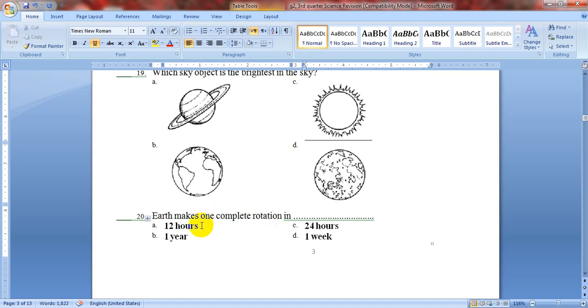Does it take 12 hours, 1 year, 24 hours, or 1 week? Yes, it takes 24 hours or 1 day. The rotation of Earth takes 24 hours, and as we said, it causes day and night.